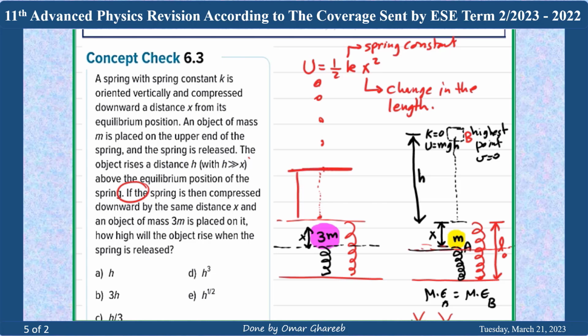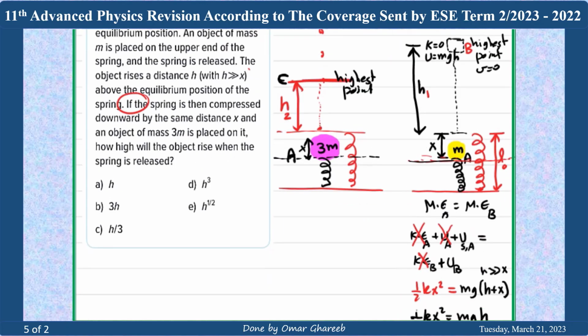This is the new h. Now this is h2. That one is h1. Now here we have A and here we have B. This is the highest point again for the second situation. Let us name it as C, distinguished from the first one. This is the situation C.